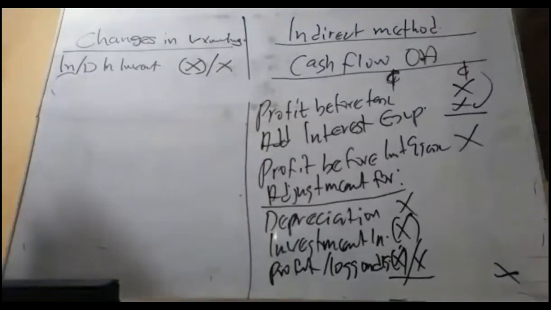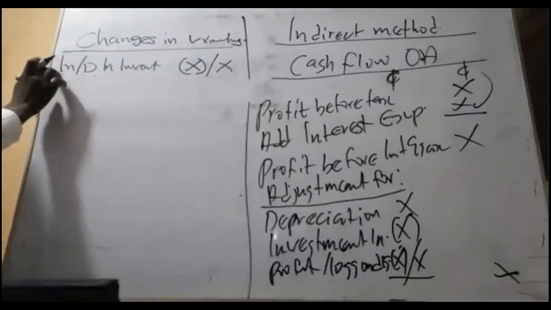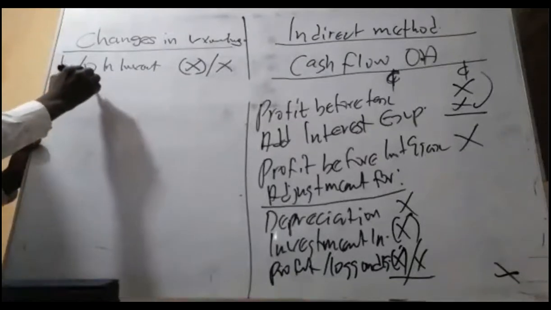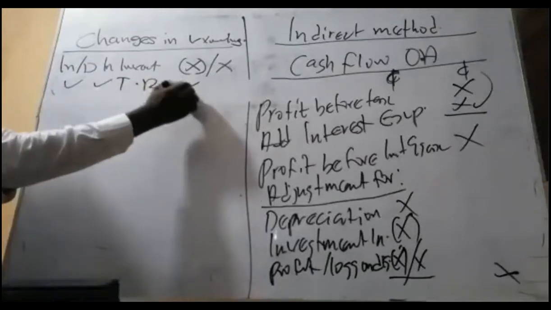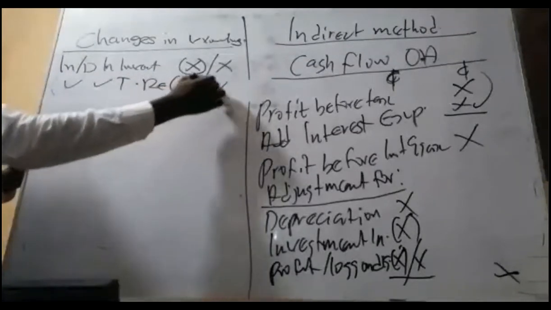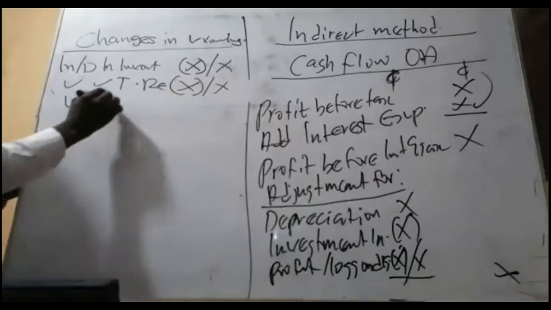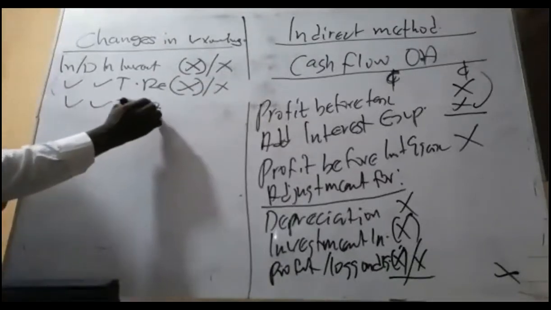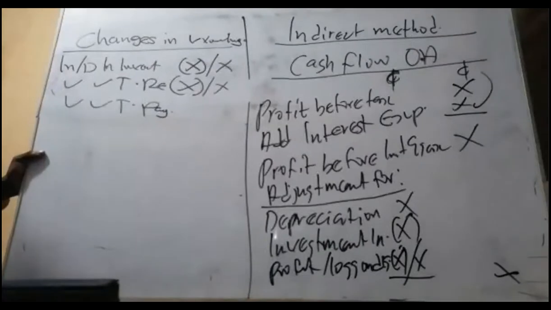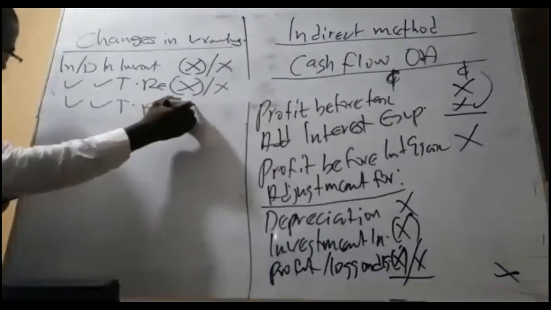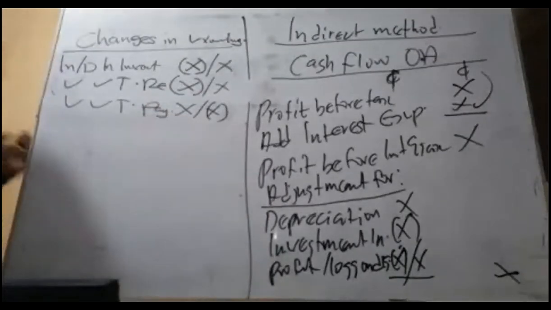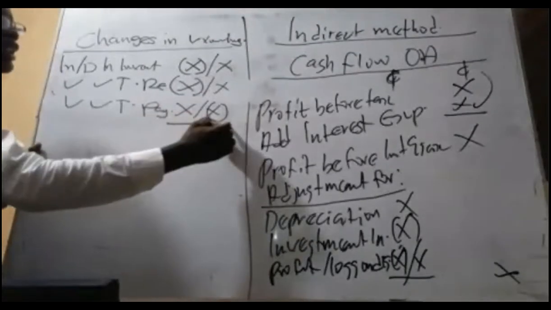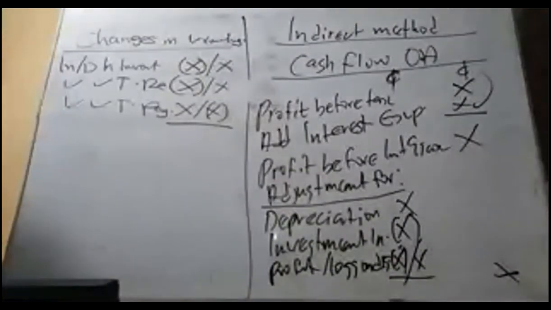Then the same thing for trade receivable: if it increases, you take it off; if it decreases, you add. Then the same for trade payable, but for trade payable, if it increases, good news, positive. If it decreases, it's negative. Then you add them and send them to the other section, and you are done.